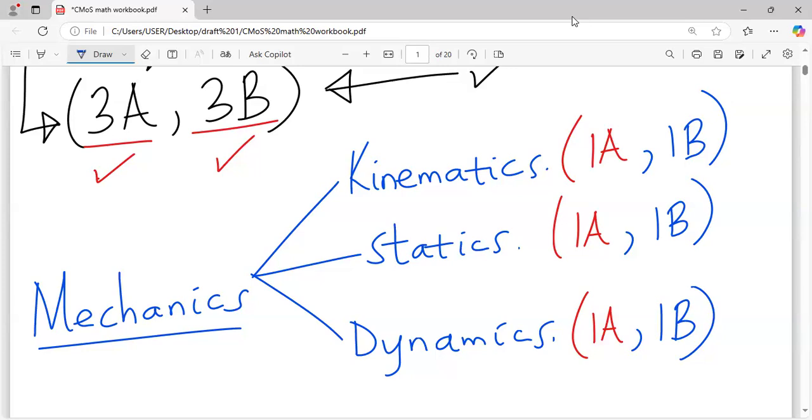But if you're the student who says, let me cover all of kinematics and complete, all of statics and complete, so that whichever corner or direction the examiner takes in statics, I can attempt, and whatever route the examiner takes in kinematics, I can get them.